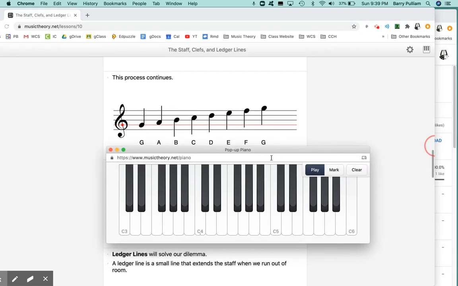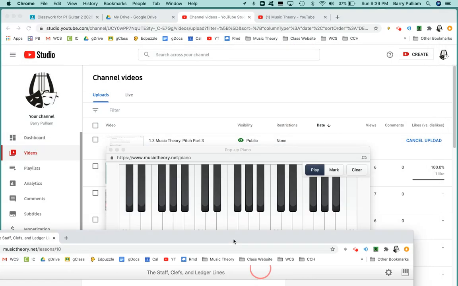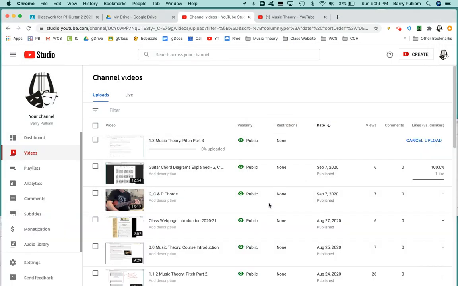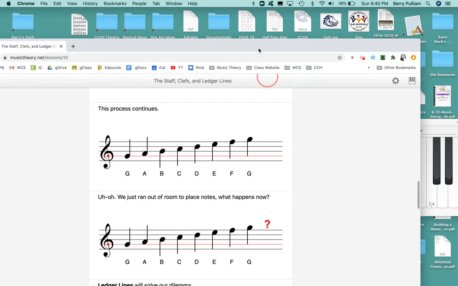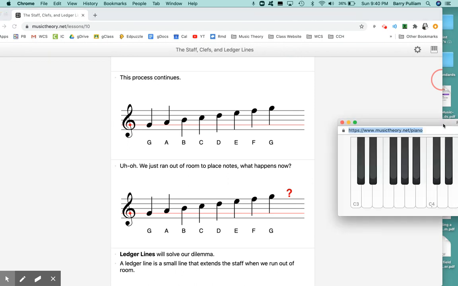There we go. Can I close that? Sorry about this, folks. Right now, I know I got a messy desktop. Don't worry about it. It's not your desktop. It's my desktop.